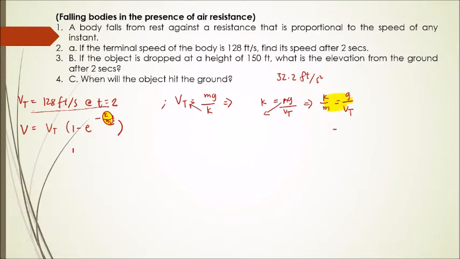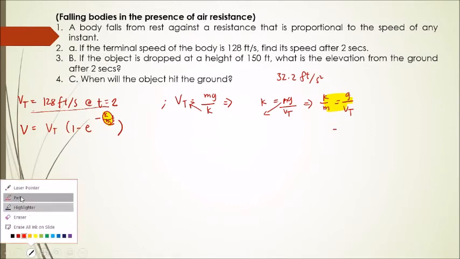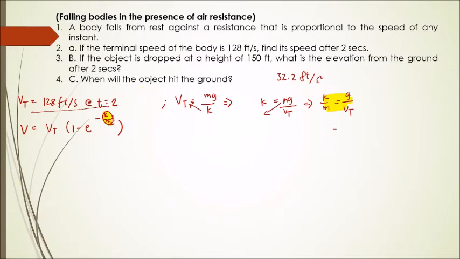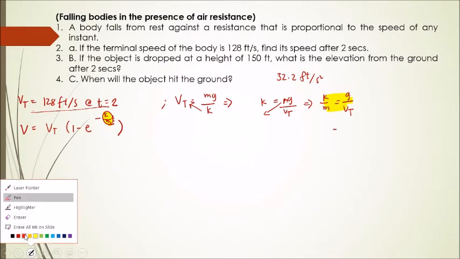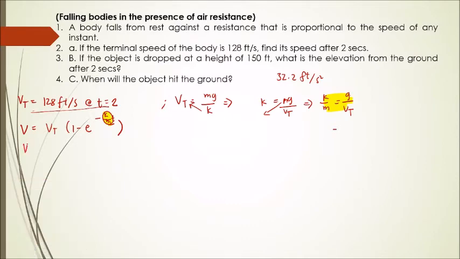Now, proceed. We have this k over m times t, which is 2 seconds, and then we have vt at 128. So, we can proceed with v. Now, this v is equal to 128 times 1 minus e to the negative g over vt times t, which is 2.